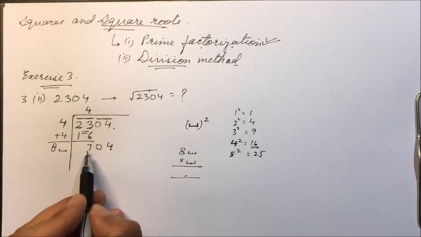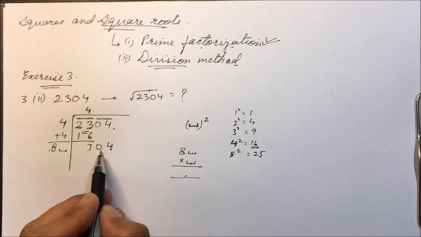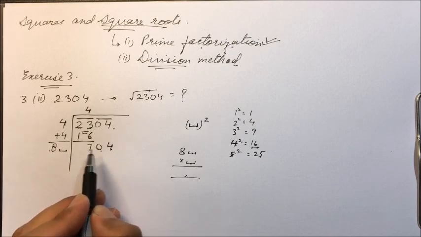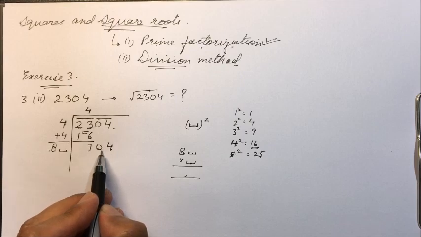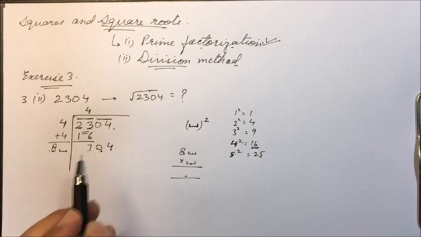We can check as well. Take these two numbers and take 8: 8 sixes are 56, 8 eights are 64, 8 nines are 72. So we will try with 8 eights, 64.